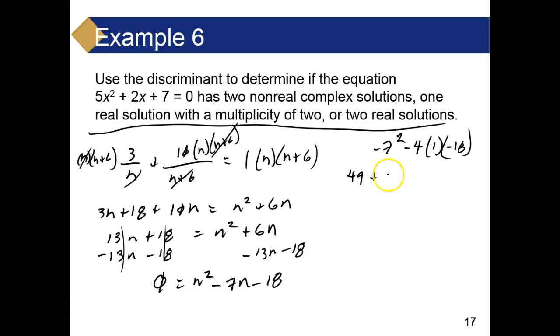Plus, what is that again? 72? What does that add to? 121. Anyone know anything about 121? 11 what? It's a perfect square.